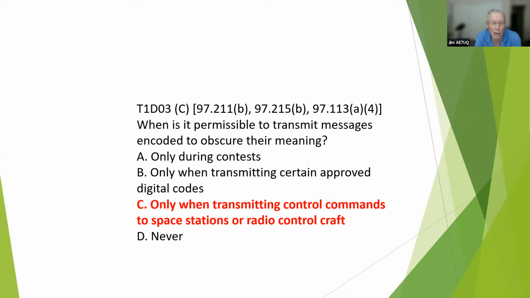One question that has come up sometimes is this has been an issue in general, as amateur radio transmission should be open to anybody. And the question is, well, gee, isn't Morse code an encoding of a message to obscure it? No, anybody can learn the Morse code, so it's not obscuring it.